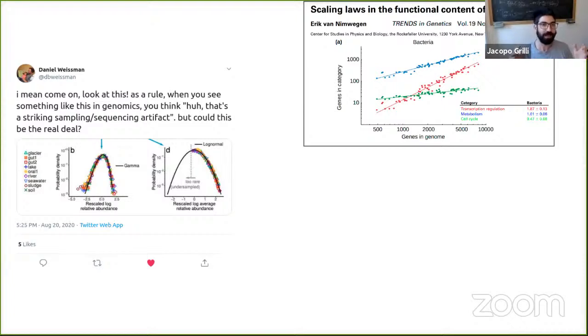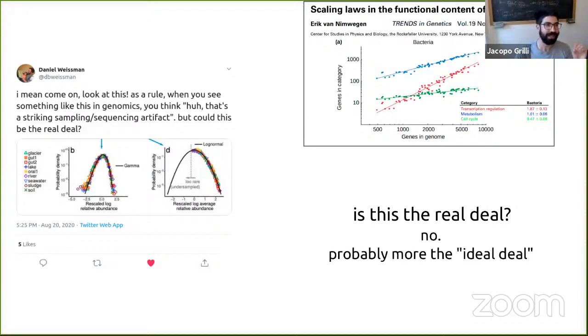Now, the hard question here is: is this the real deal? And my answer is no, I don't think that this is the real deal. I think this is more the ideal deal, in the sense that, first of all, and I think this is very important, this is valid at a given taxonomic resolution. If you change the taxonomic resolution, both fine graining or coarse graining, you are going to find something different.